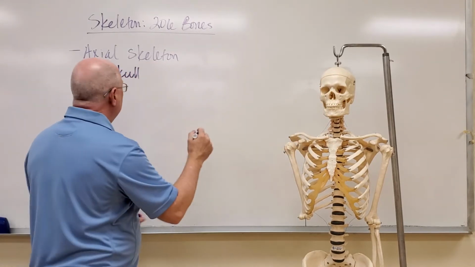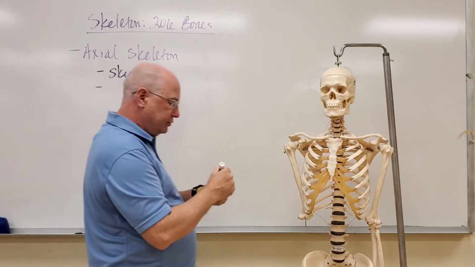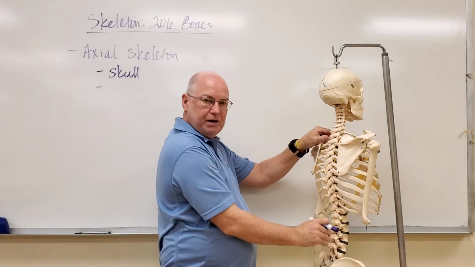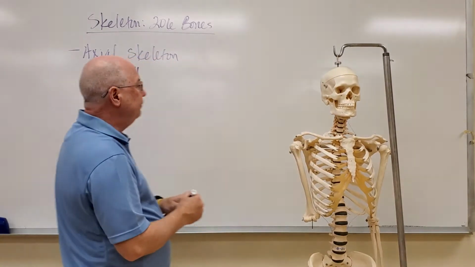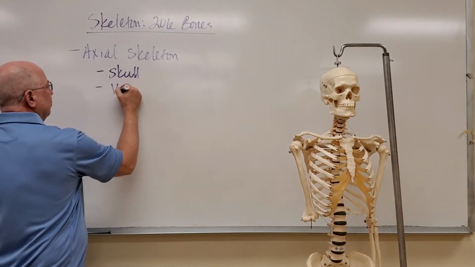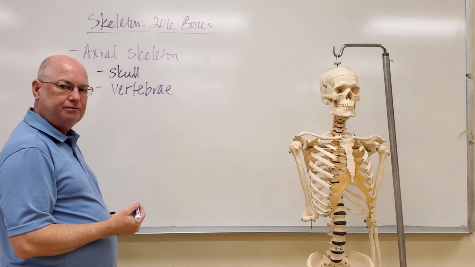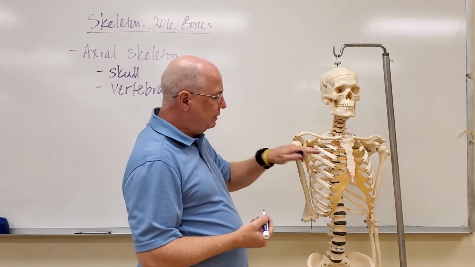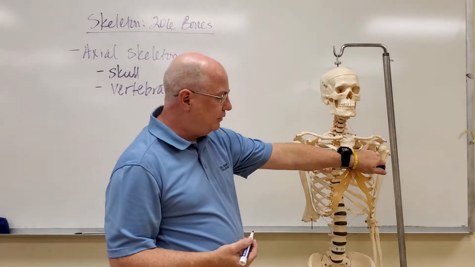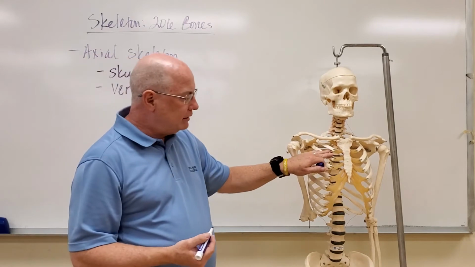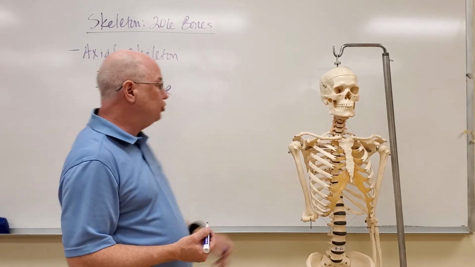Now, when we look at the next part, if I turn Flacco here around, we have the vertebrae of the spine. There are 33 vertebrae that you need to know, and we'll cover that later on. But they are part of the axial skeleton. Attached to the vertebrae are 12 pairs of ribs, 12 on the right, 12 on the left, and the ribs are connected anteriorly to this structure called the sternum.